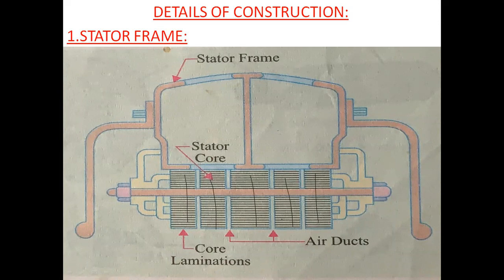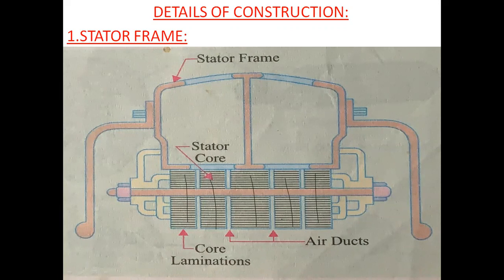The laminations are stamped out in complete rings for smaller machines, or in segments for larger machines. The laminations are insulated from each other and have spaces between them for allowing cool air to pass through. These spaces are called air ducts.